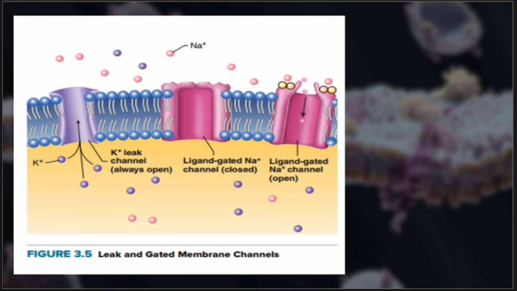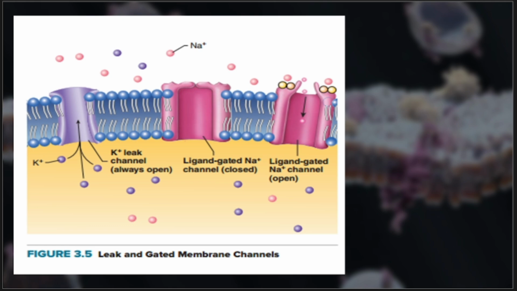So the inside of the channel is hydrophilic. It will therefore allow ions or small molecules to pass through it. Only ions or molecules with the right size, charge, and shape can actually move through the channel. And the specific charges inside the channel would determine which ion can pass.